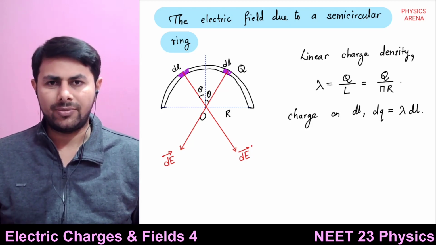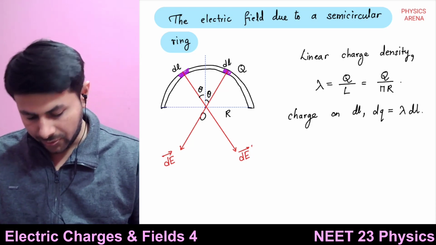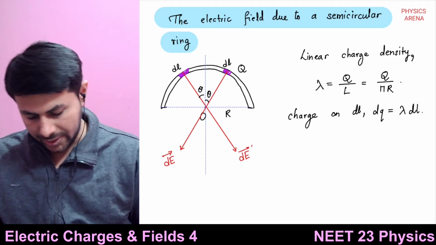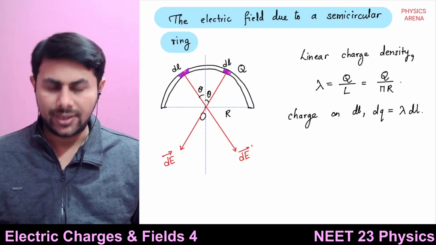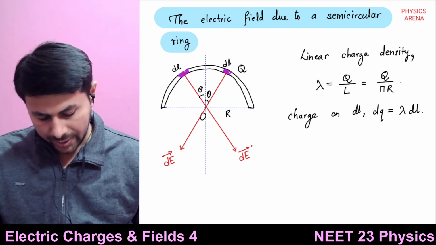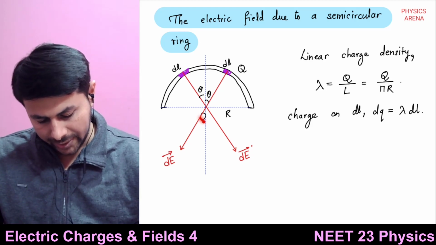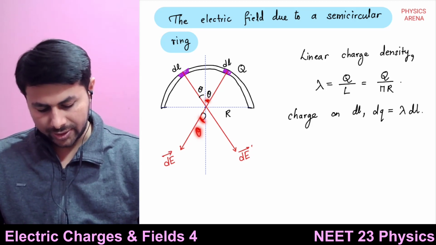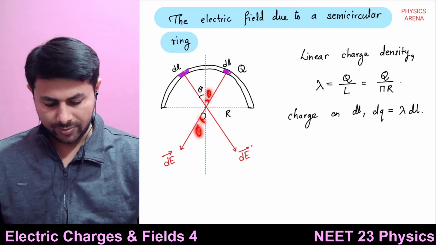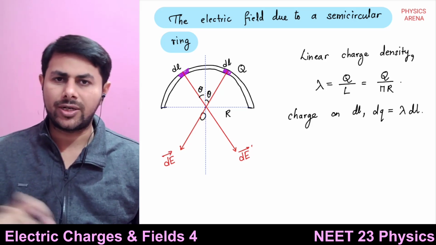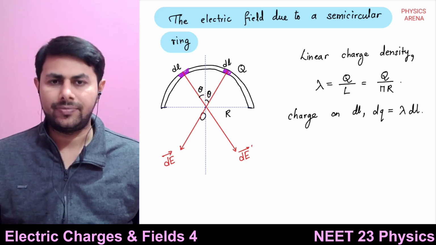If we resolve them along two components, we need some angle. This angle is theta, and this angle is also theta because it is vertically opposite.